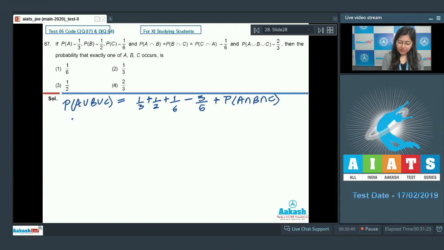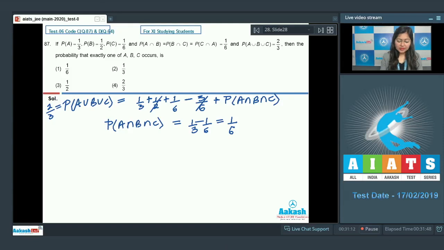Right? Now, left hand side is given to be equal to 2 by 3. So, from here we can find the value of probability of A intersection B intersection C equal to 1 by 3, these two will get cancelled, minus 1 by 6. So this is equal to 1 by 6. Right?